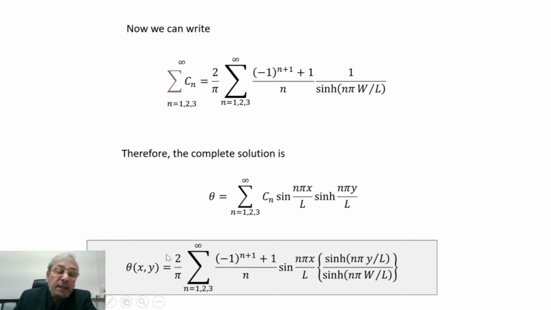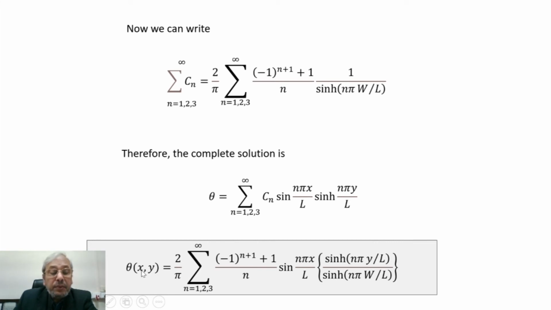Now we can write theta x y equal to 2 by pi into summation (minus 1) to the power n plus 1 by n, this is the value of Cn up to this, then sine n pi x by L and sine hyperbolic n pi y by L, and we had in denominator sine hyperbolic n pi w by L. So this becomes a complete analytical solution that will give us distribution of temperature anywhere on the plate.